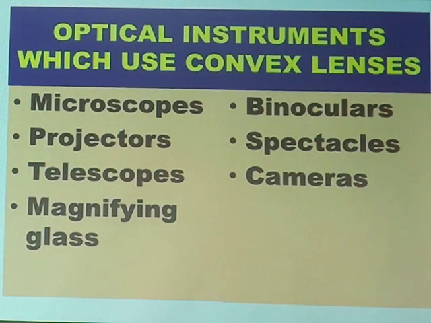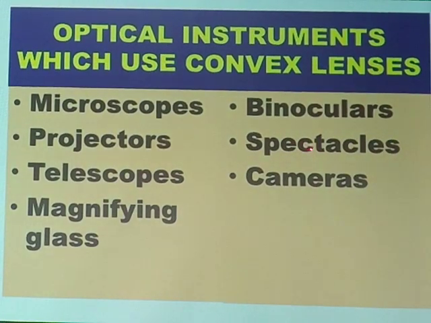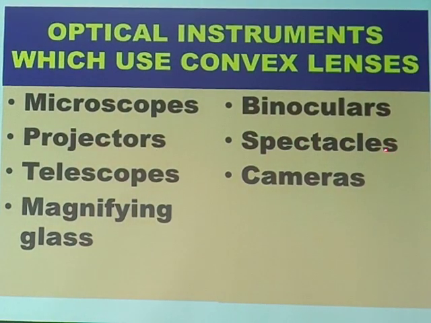Or some of us do not see objects which are very near clearly. So to correct that mistake, we use lenses. We shall know which lens corrects which problem of the eye. But basically, a spectacle is that eyeglass you put on to correct a certain eye problem that you have.